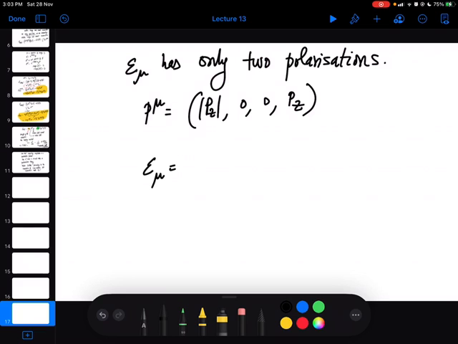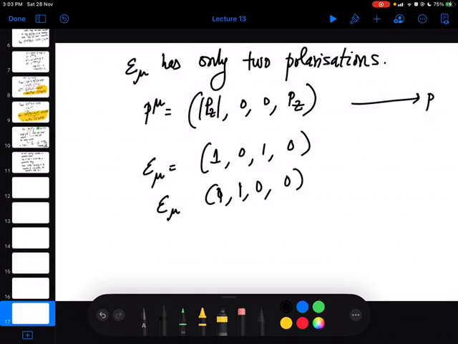The two polarizations epsilon mu would be 0 1 0 0, and the other one would be 0 0 1 0. So there won't be anything in the z direction. The photon would be moving in the z direction, and the other two polarizations would be in the x and y direction, which are just transverse to the direction of propagation of the photon actually.